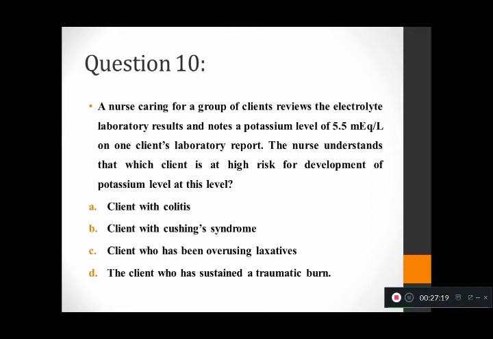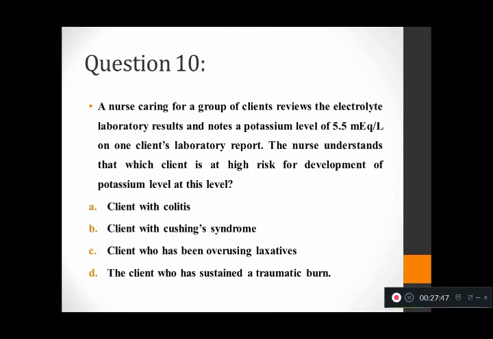Clients who experience massive cellular destruction, such as trauma, burns, sepsis, and metabolic or respiratory acidosis, are at risk for developing hyperkalemia. So here the hyperkalemia can occur due to traumatic burns. In traumatic burns there will be massive cellular damage.